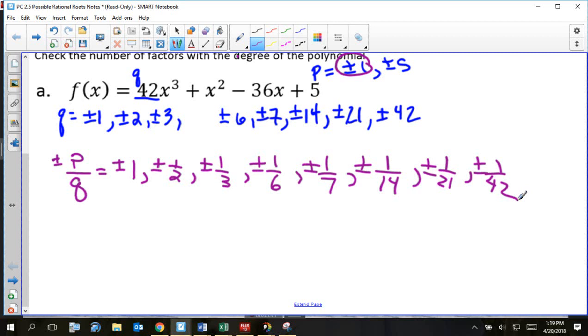Okay. And then I'm going to put 5 over all of these q's. So plus minus 5 over 1 is 5. Plus minus 5 over 2.